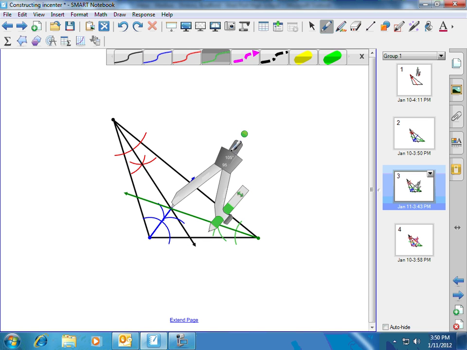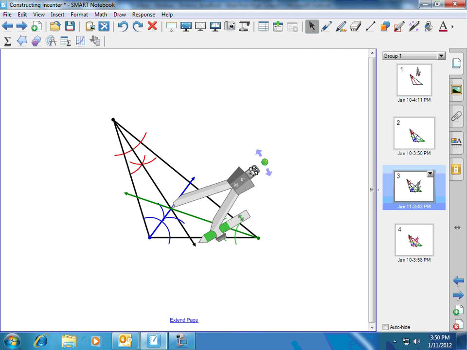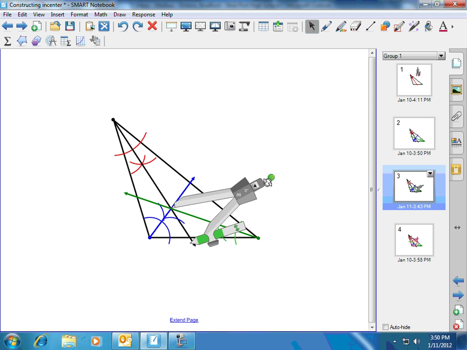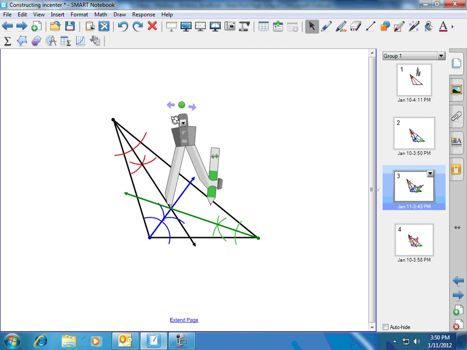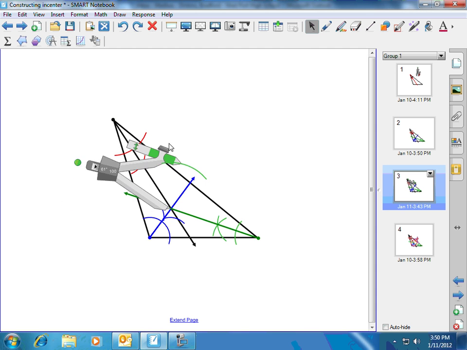See if I can get it. Let's see here. Try it through another side. Okay, so I'm going to construct an arc through the side of the triangle.